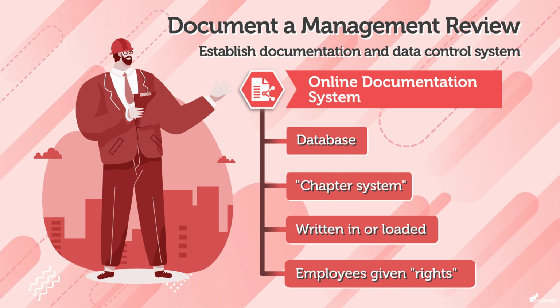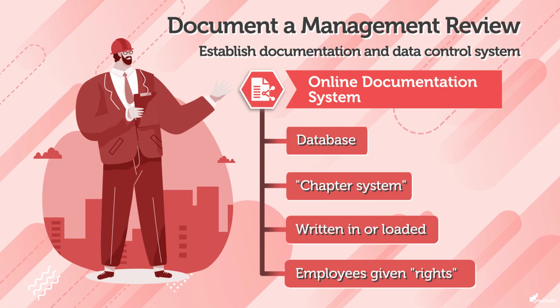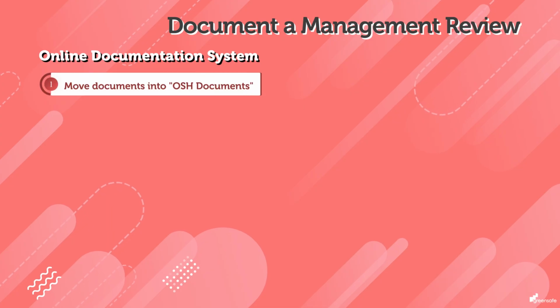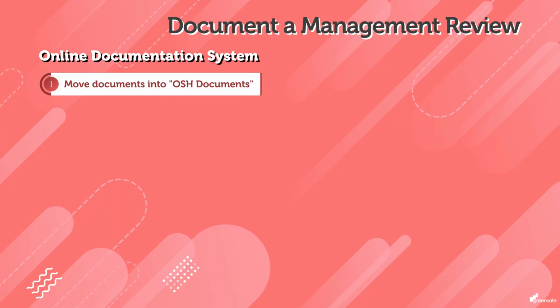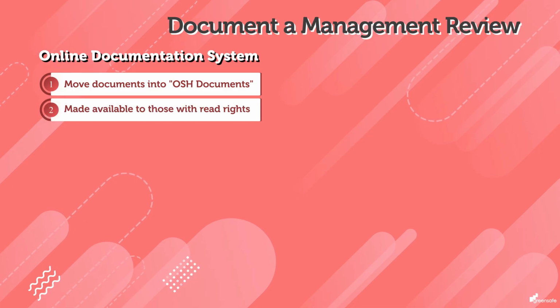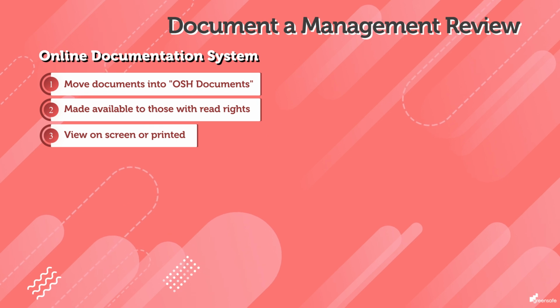It will also reduce the possibility of sabotage or accidental corruption of the data by reducing the number of personnel with full access rights to the database. When the document is approved, it is automatically moved into the OSH documents and becomes available to those with read rights. The documents may be viewed on the screen or printed.